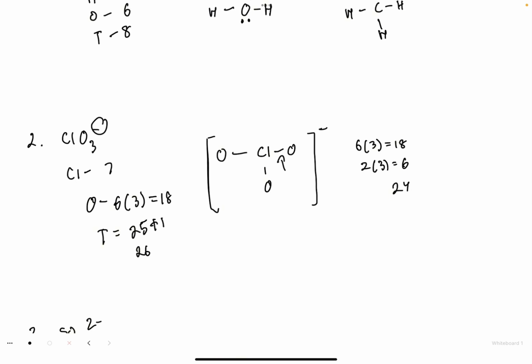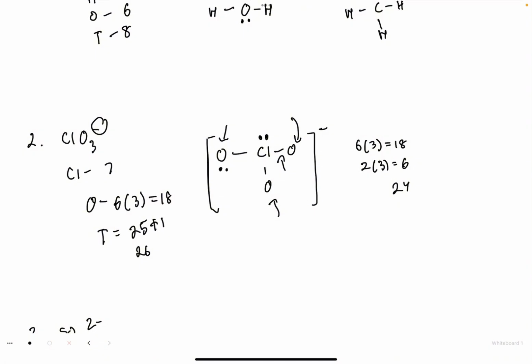So that's 24. So all I need is a lone pair on chlorine. There's going to be 6 more electrons on each of these oxygens, and then I need to add an additional lone pair on chlorine to make sure chlorine has 8 valence.